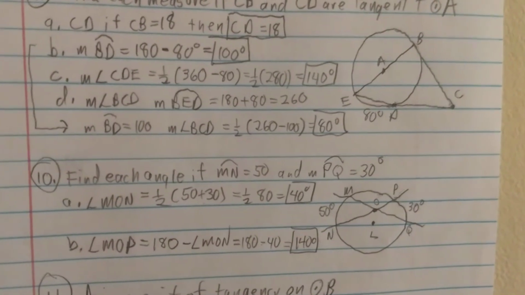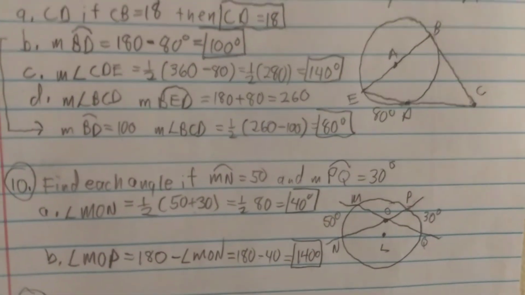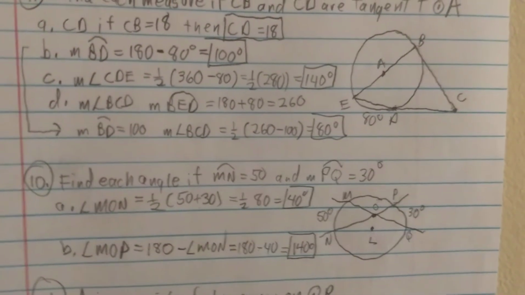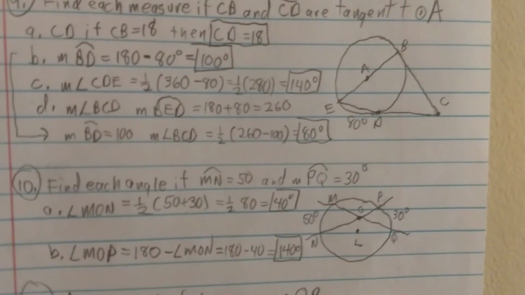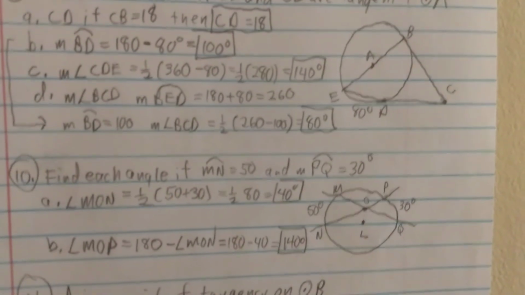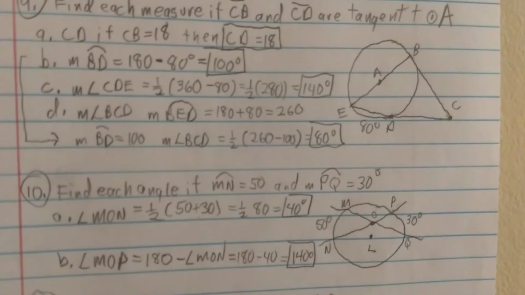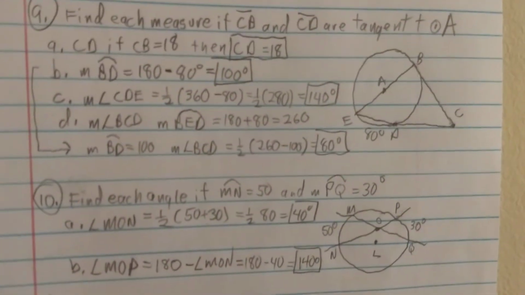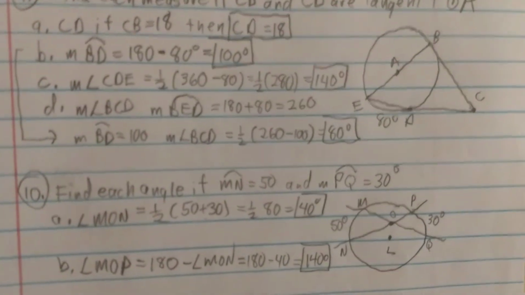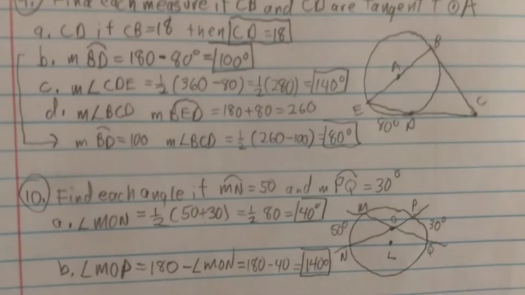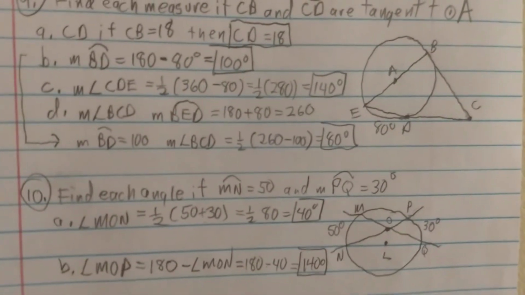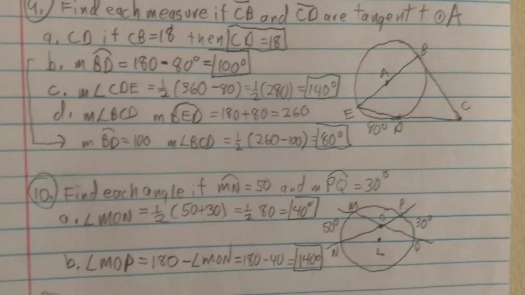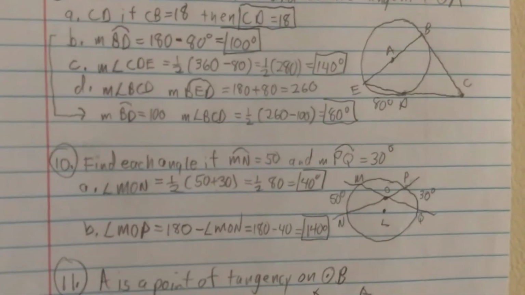Now the measure of BD is equal to 180 minus 80. So BD, because EDB is 180, and if we take from that ED, which we're given as 80, then 180 minus 80 is 100.